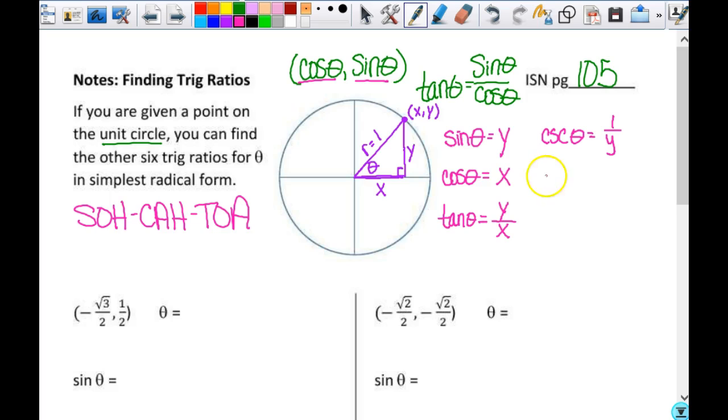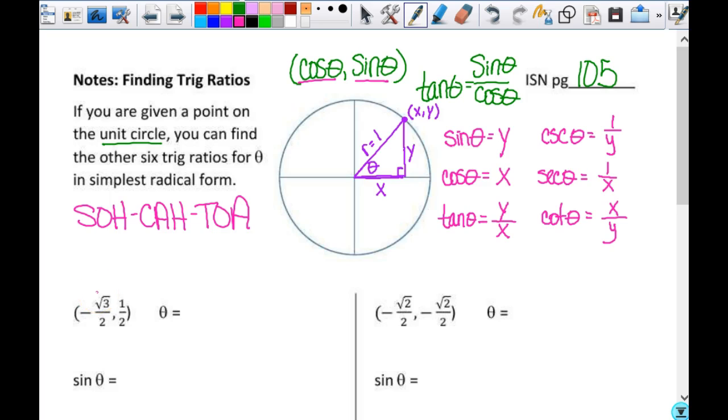Then the reciprocal of cosine is secant. That is 1 over x. And the reciprocal of tangent is cotangent. So when I take that reciprocal, I get x over y. So that is how we are going to come up with what we need to find the 6 trig ratios of a point that is here on our circle.